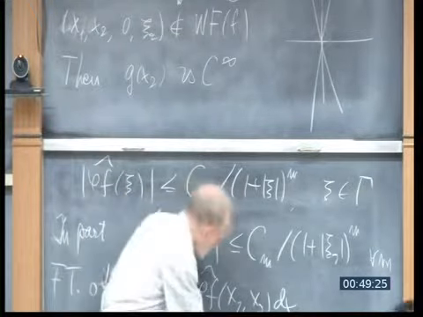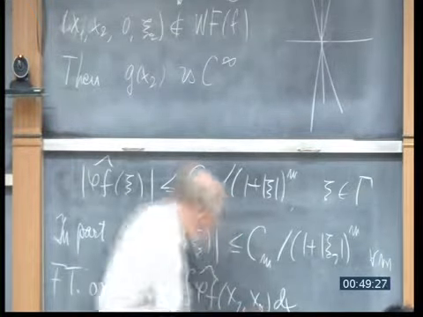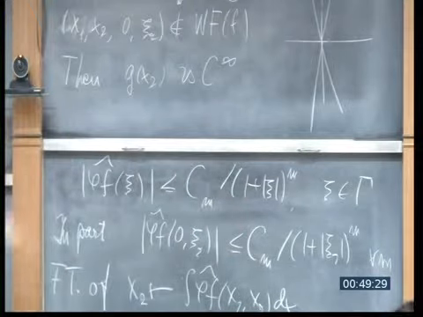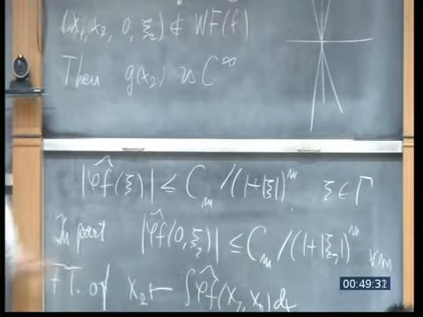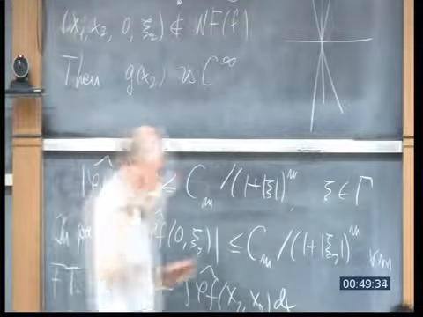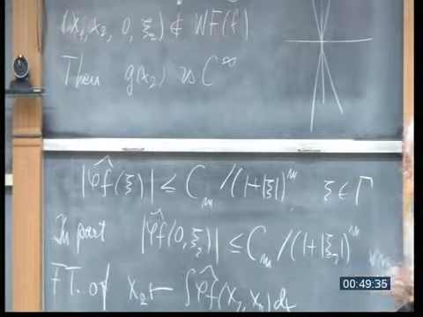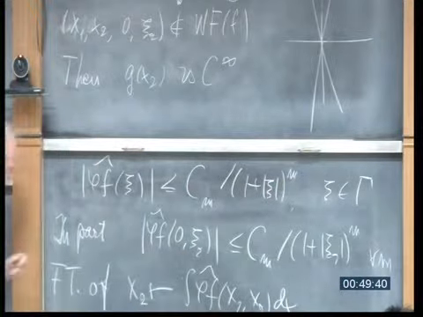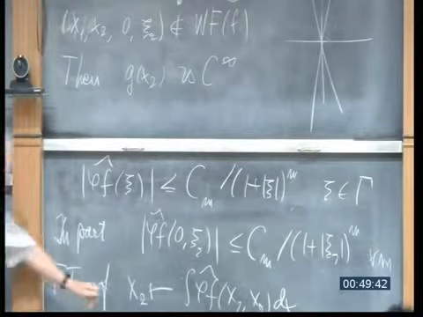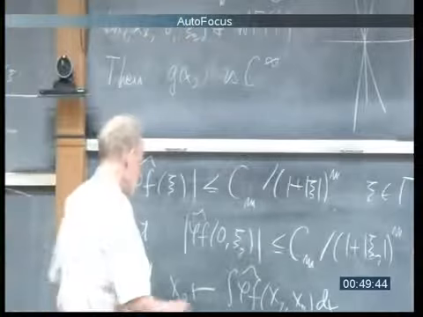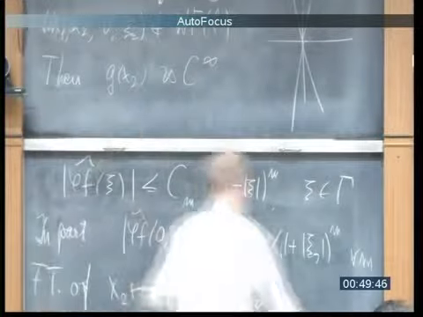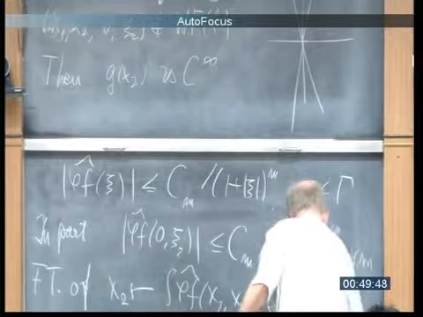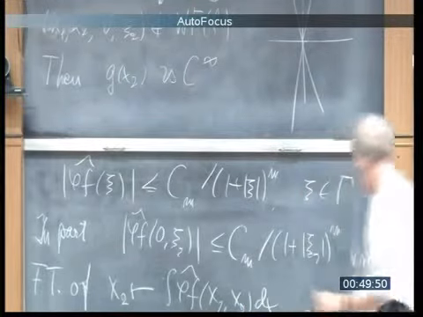This follows directly from the definition of the Fourier transform, but it's also a special case of what I heard Hayek told me about, the Fourier slice theorem for the Radon transform. So, therefore, we know the Fourier transform decays fast.